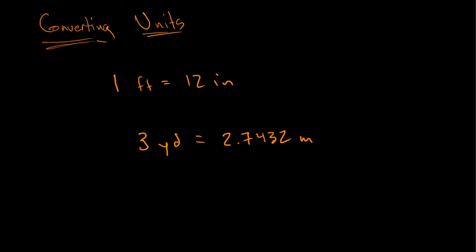How would you use a conversion fact like that to convert between yards and meters? One easy way to do it would be to divide both sides of the conversion fact by 3, leaving you with 1 yard is equal to 0.9144 meters.